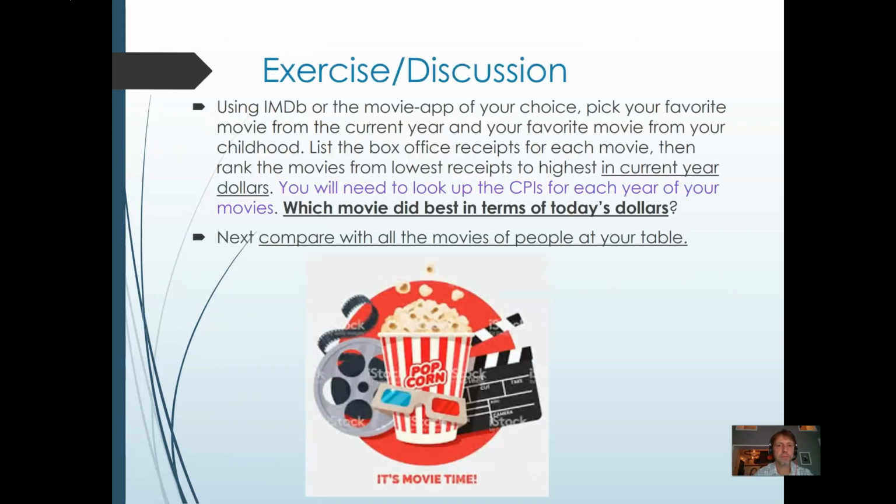So your exercise for today is to pick a few of your favorite movies from different years. They should be separated by at least 5 years, but think about maybe 2 or 3 movies that were favorites of yours throughout your life, maybe different points of life. I want you to go online and look up what the earnings at the box office were for those movies.